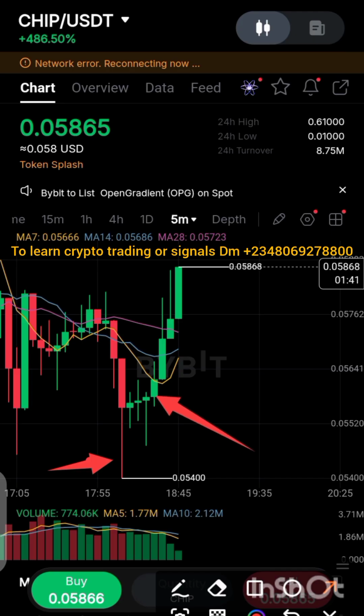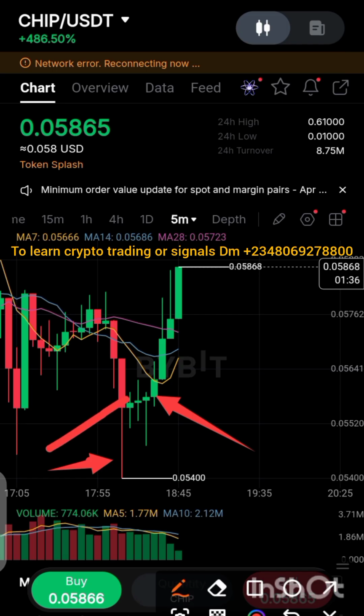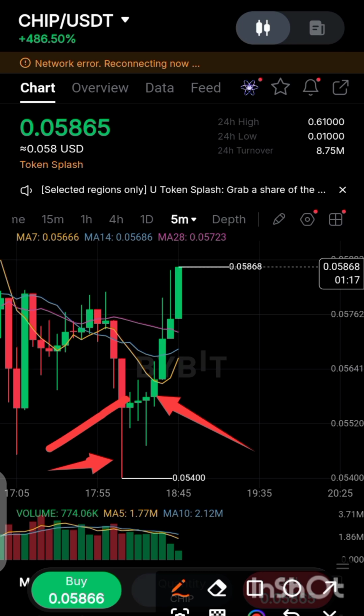Once it closes, which is the one after this red, the next candle beside it must be a bullish candlestick, and most of the time make sure it closes with a full body. What do I mean by a full body? This is a full body. This is a full body. This is a full body.